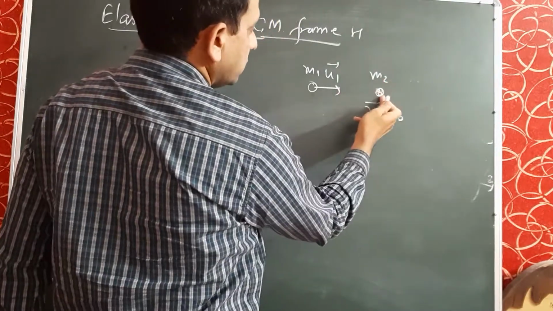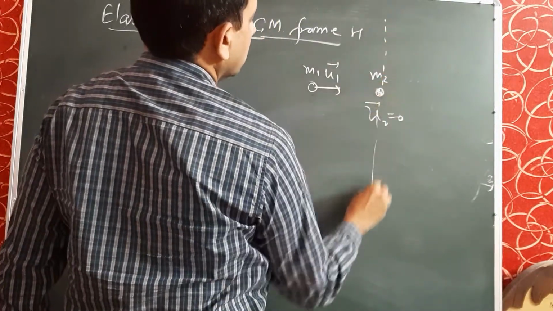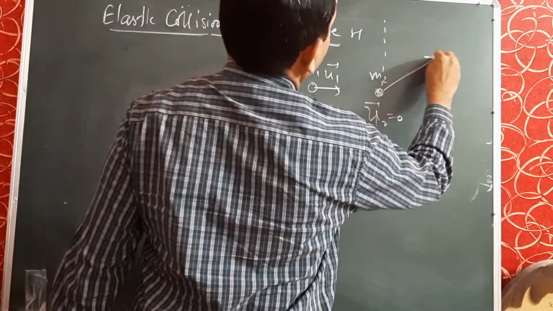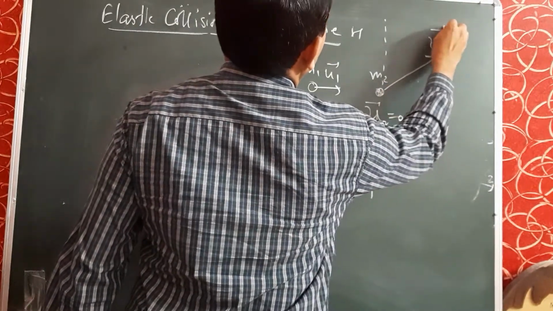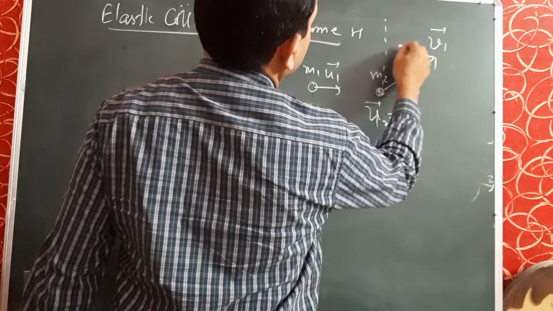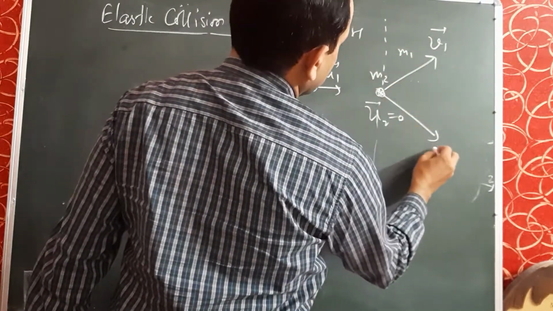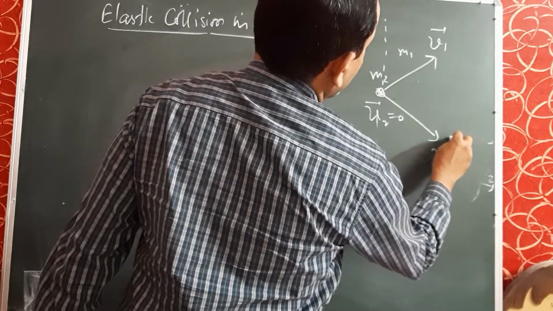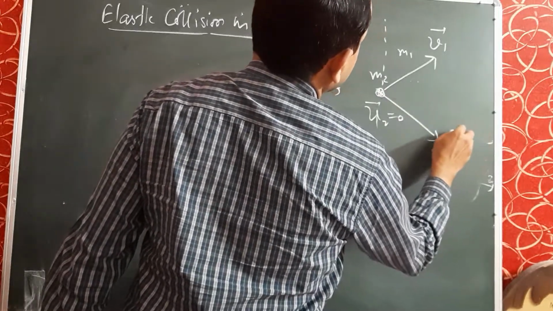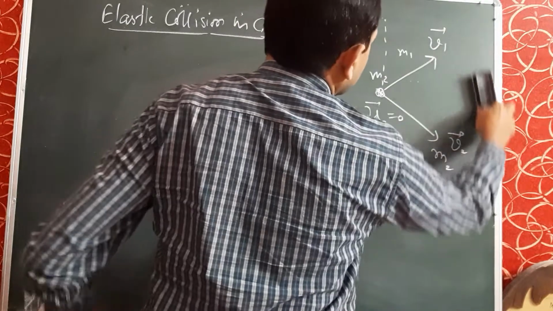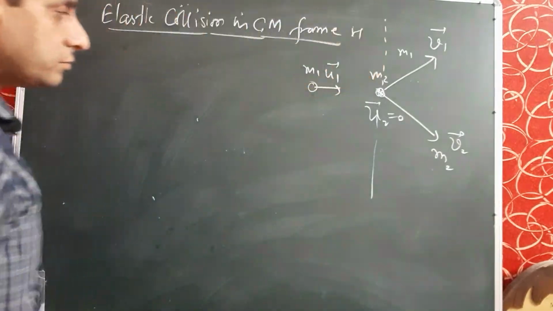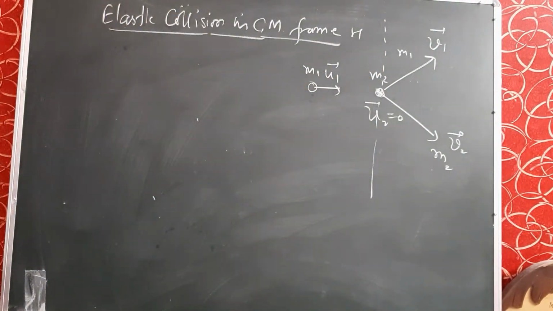It will strike the second particle, and after striking, the first particle will move along this side with velocity v1 and mass m1, and the second particle will move toward this side, mass m2 and velocity v2. So this is again the same diagram, but we will study it from a different point of view, that is, with the center of mass frame.